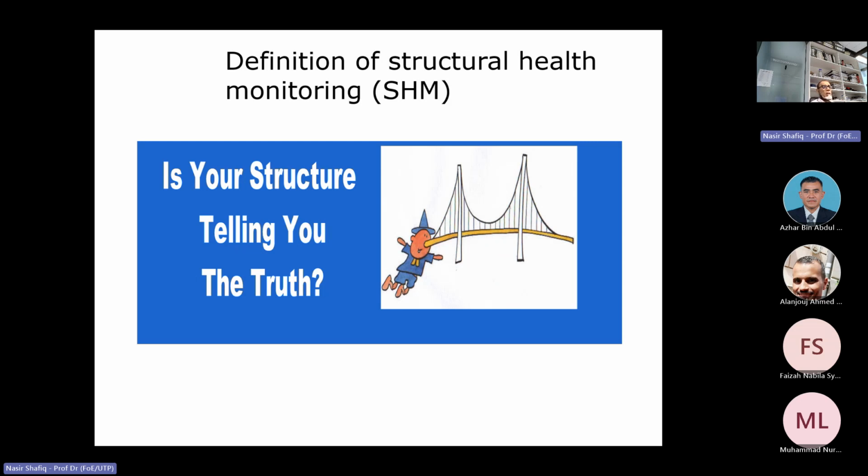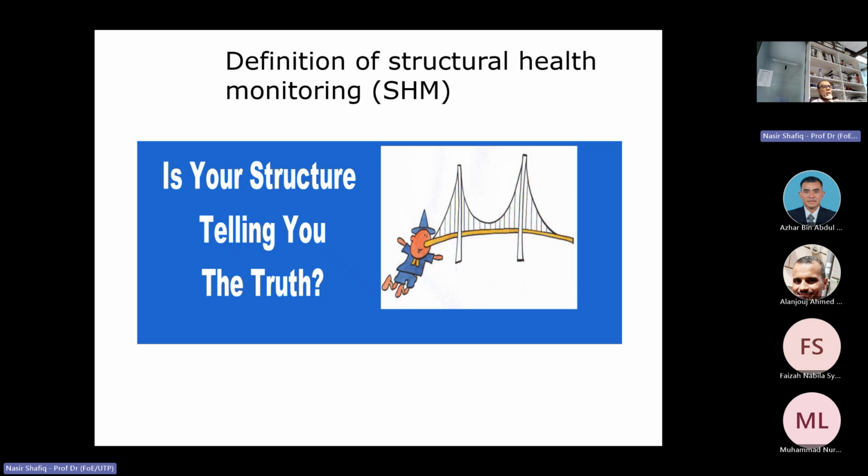So when we go to the inspection as integrity assessment or health assessment in a way, the major question is: is your structure telling you the truth, right? Looking at that physical inspection, right? So that is the big question behind you.